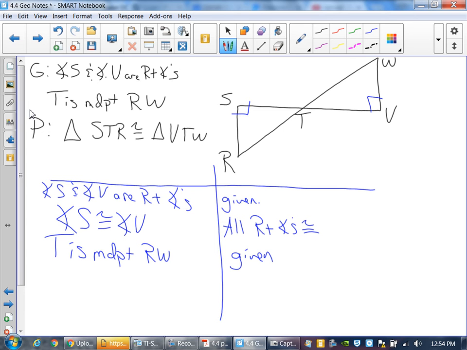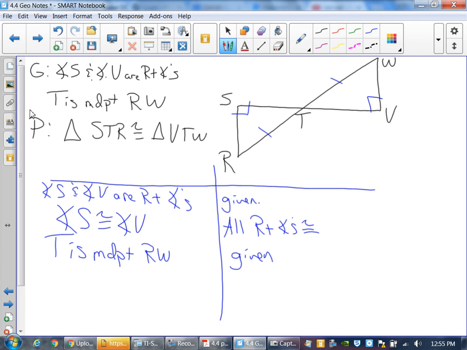Mark it. Whoa, well, no, wait, not RW. R and W. What am I marking? You were saying R and W. I don't, wait, we're not talking about angles here. That's why I was making sure. Yes, those two segments are the same.